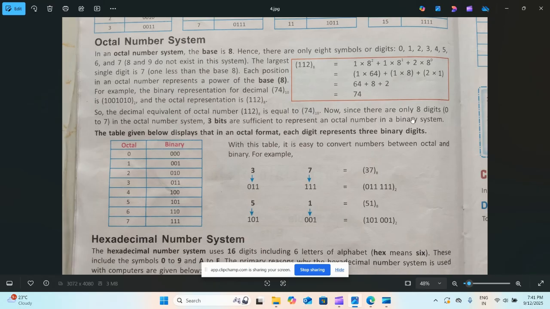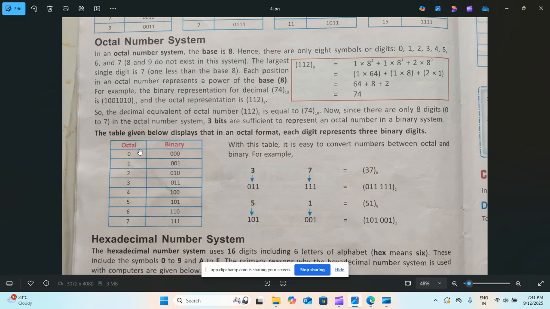Now since there are only 8 digits in the octal number system, 3 bits are sufficient to represent an octal digit in the binary system. So here there is a binary equivalent. So how can you convert an octal number to binary? This is a little bit different. You know what the binary equivalent for 0 is? It's 000. For 1, 001. For 2, 010.